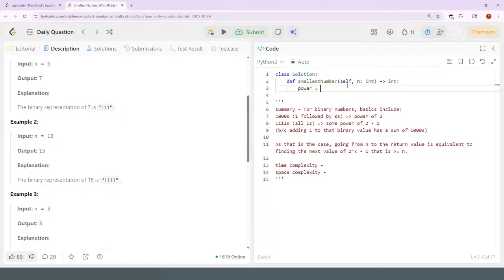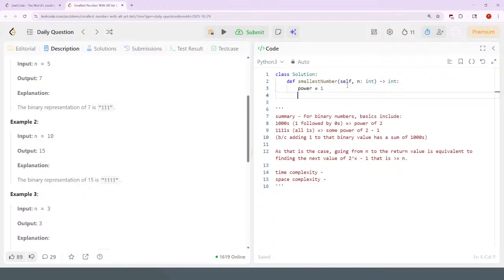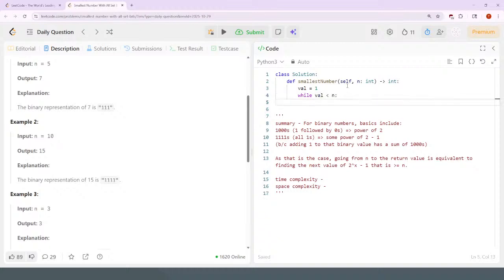While the value is less than n, where this is going to be 2 to the power minus 1, the value is equal to value plus 1 times 2, minus 1.